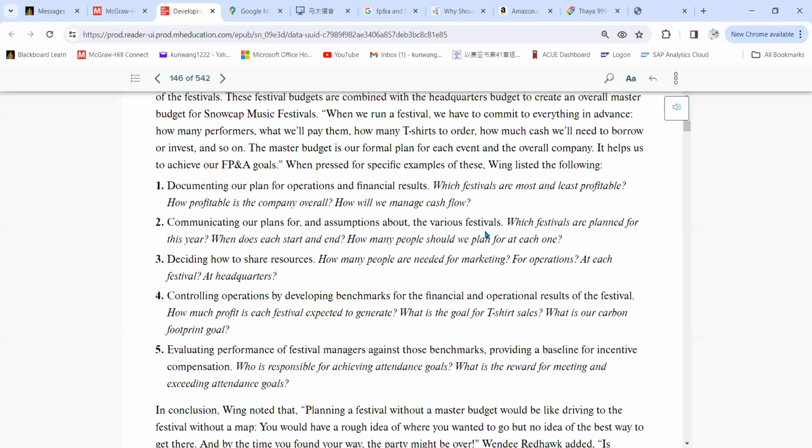Then by constructing the master budget, we can communicate to management, right? We communicate the comprehensive plan to all of the functions, departments, and personnel, so everyone will be kept updated. Because most things are driven by sales, we need to know what the other functions need to do to support and make the sales happen.